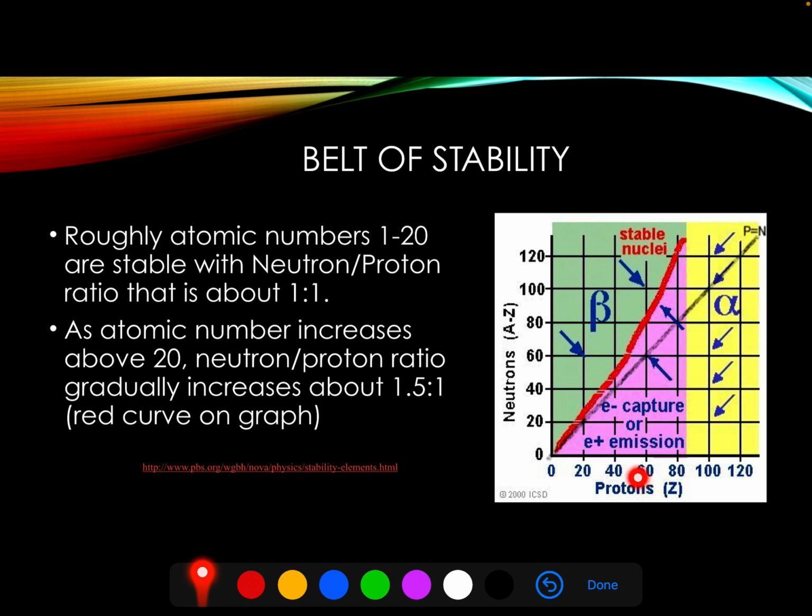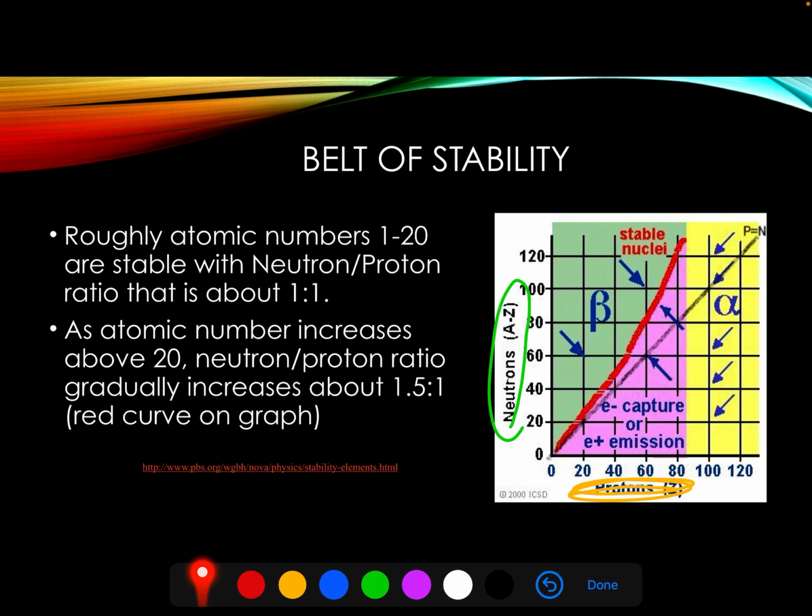These are the atomic number, or in other words, the number of protons, right? On this side is the number of neutrons, right? If we add those numbers together, we get the atomic mass. So you can see here, as the atomic number increases, the number of neutrons increases. This line right here is your one-to-one line.